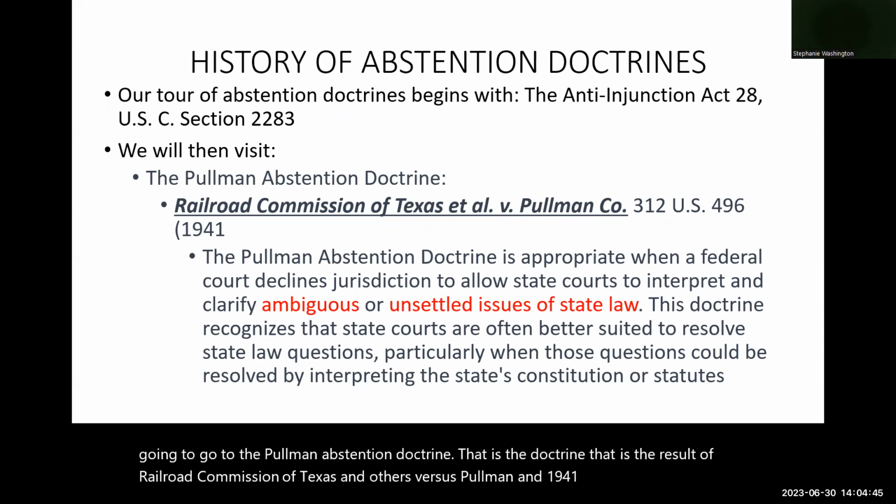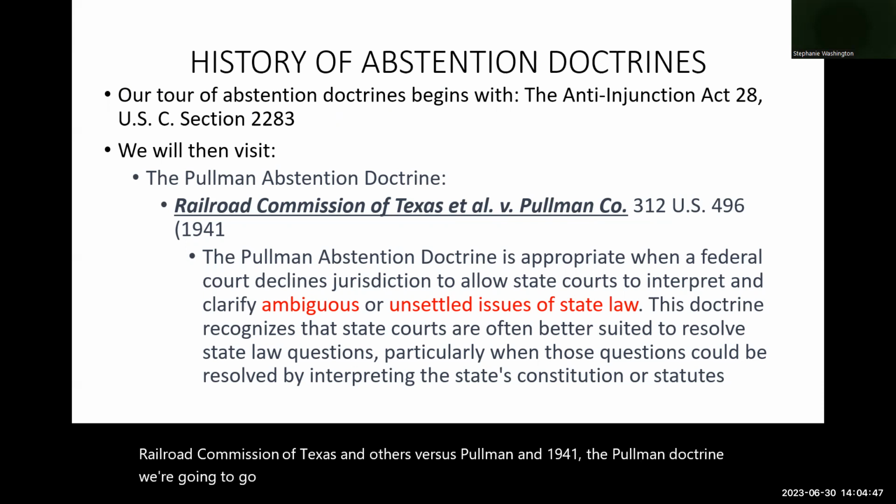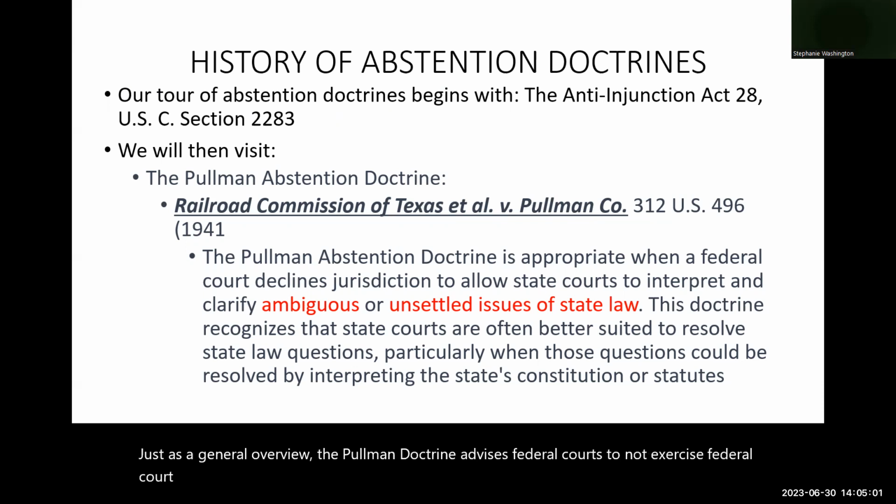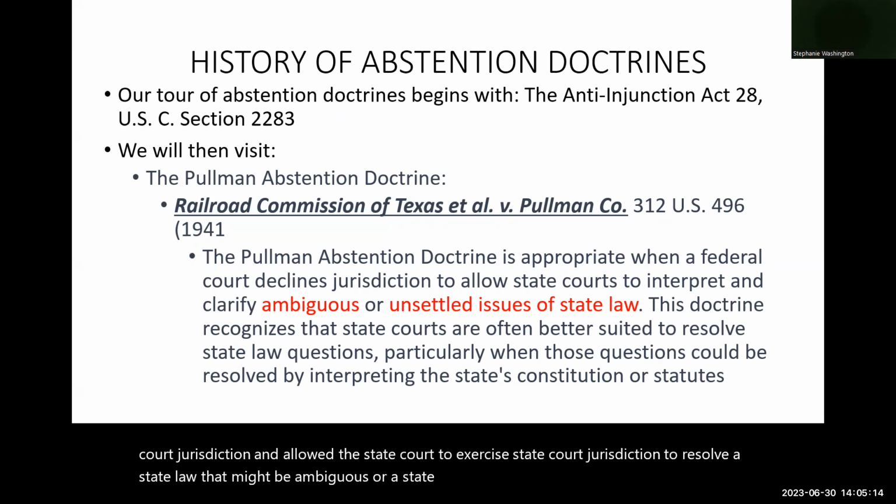The Pullman doctrine, we're going to go into a little bit more detail, but just as a general overview, the Pullman doctrine advises federal courts to not exercise federal court jurisdiction and allow the state court to exercise state court jurisdiction to resolve a state law that might be ambiguous or a state law where there's unsettled issues.